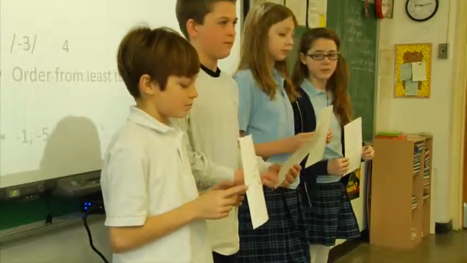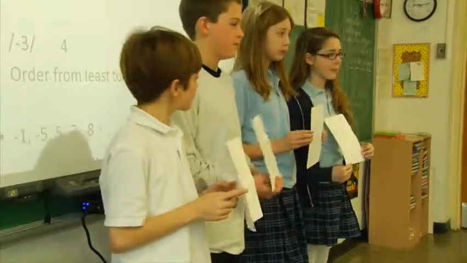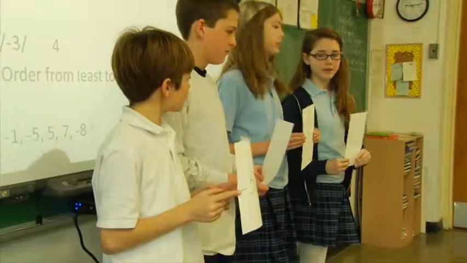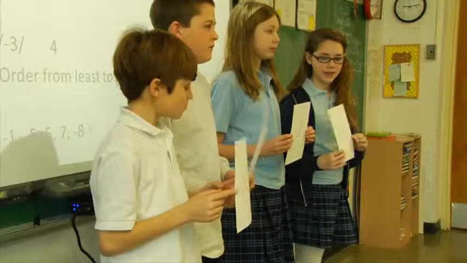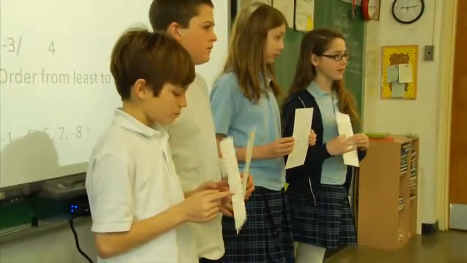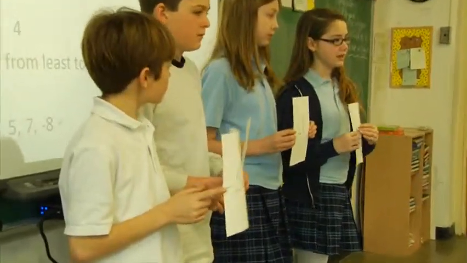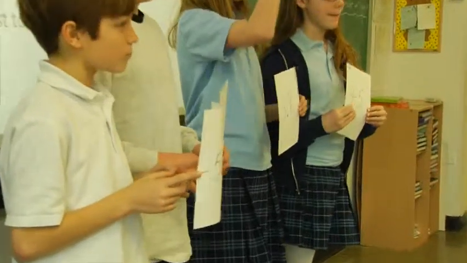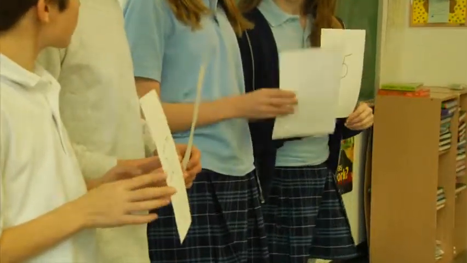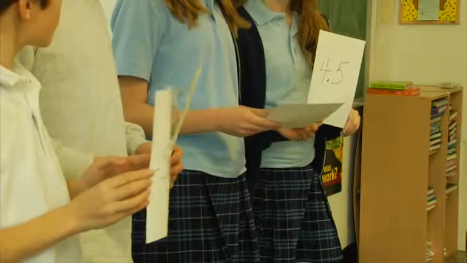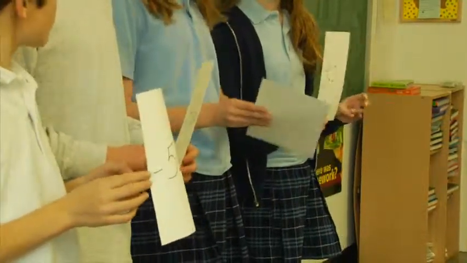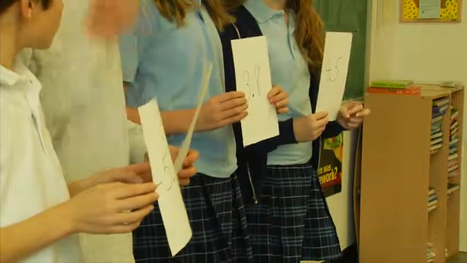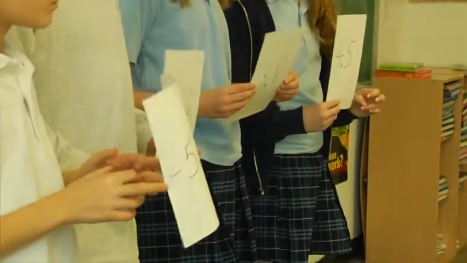Okay, let's see. Casey, any more thoughts on strategy? We had all the negative numbers go on that side, and we mostly looked at the whole number and not the other side of the decimal. Yes. Basically, we just made the numbers just regular numbers because the decimal wasn't that important right now.